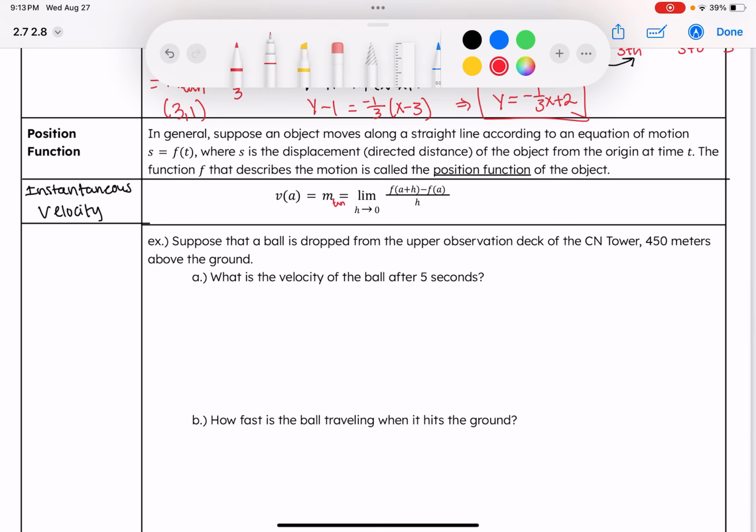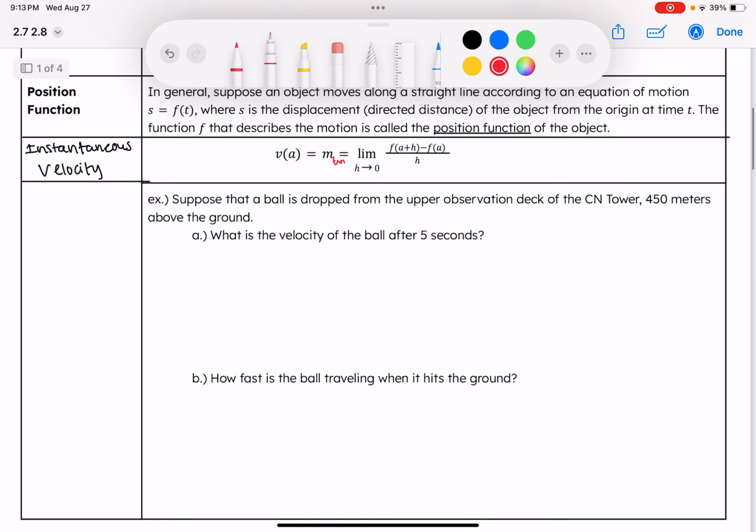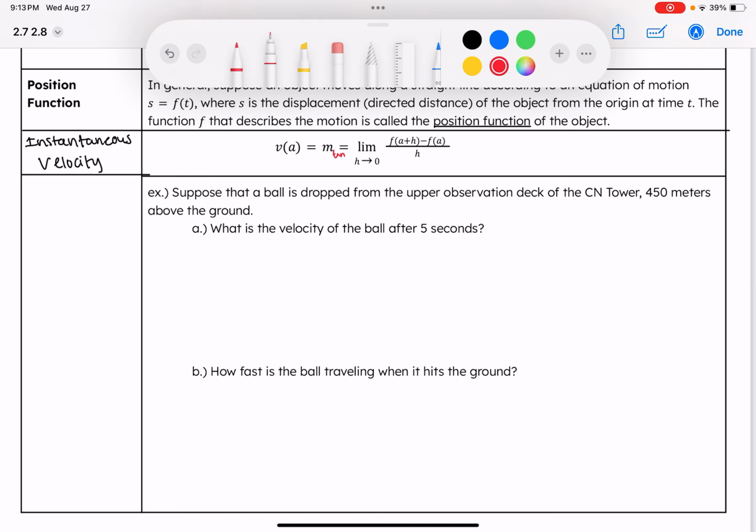So let's take a look at one of our application problems we might see. Suppose that a ball is dropped from the upper observation deck of the CN Tower. It's 450 meters above ground. I also want you to add, this should have been typed in, where the position is represented by s of t equals 4.9t squared.